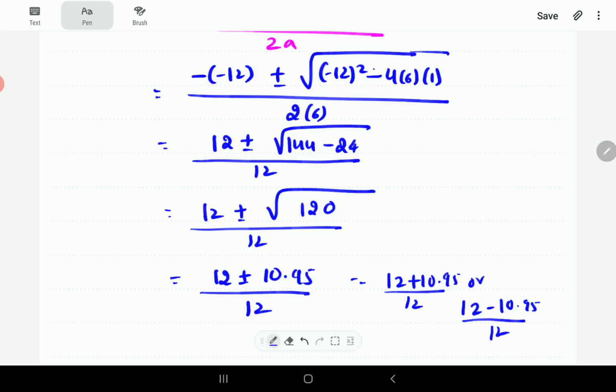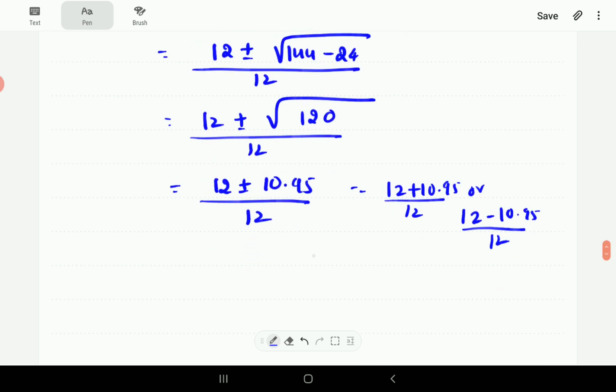So let me see what are the answers we are getting. This is 22.95 divided by 12, which is 1.91. Sorry, this is not this value, this is 22.